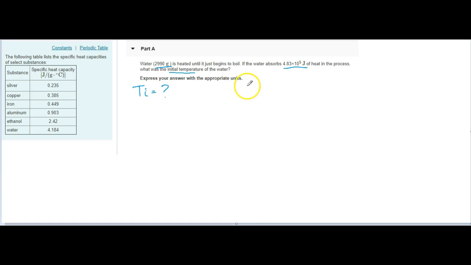We're going to use the specific heat capacity equation, which is this. But we're going to parse out the change in temperature. So the equation that we're going to use is change in temperature is temperature final minus temperature initial. So we're going to have to use some algebra in order to rearrange the formula to solve for the initial temperature.